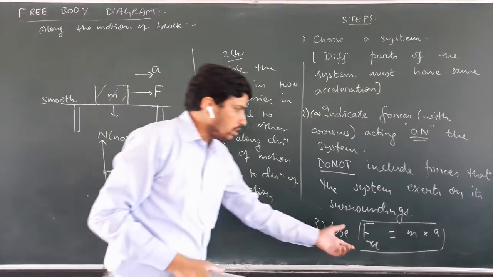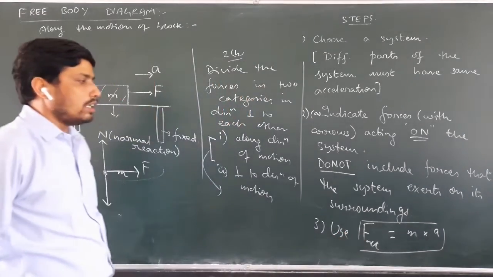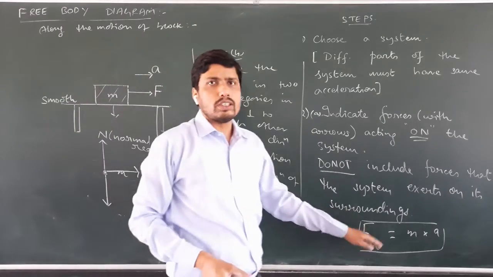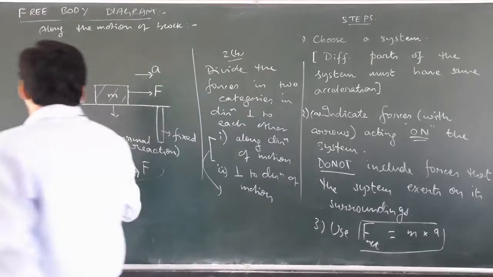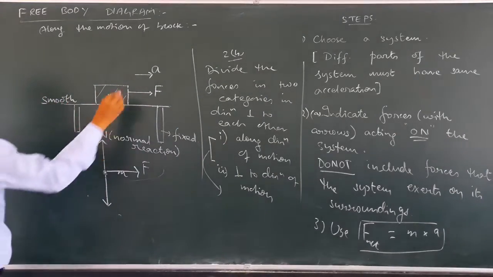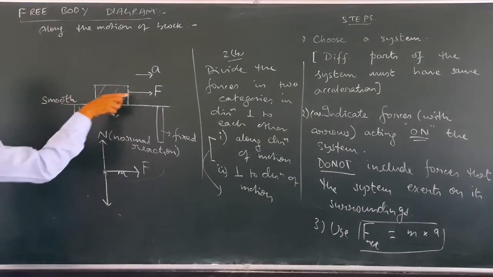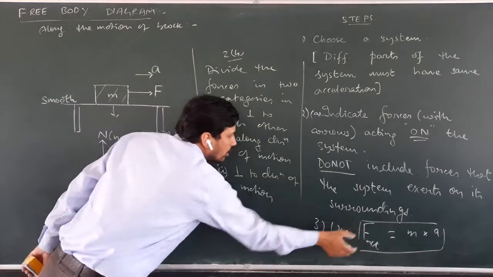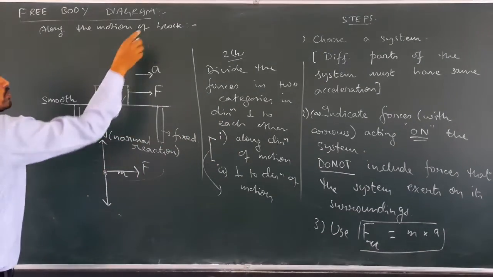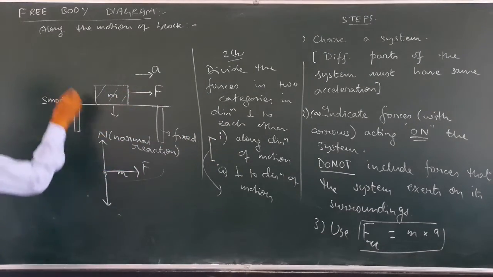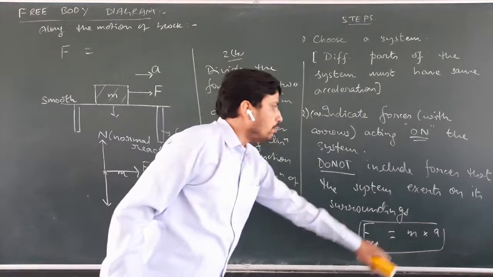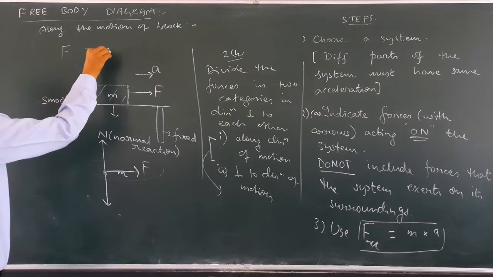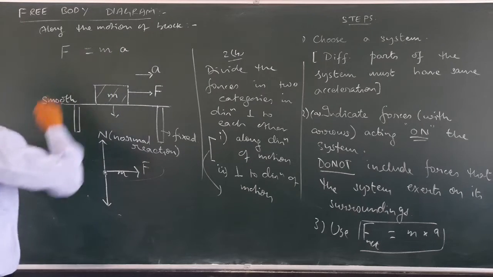So now we have to use Newton's second law. Newton's second law means the total force on the body is equal to its mass times its acceleration. Now in the horizontal direction, what is the acceleration? A. What is the force? F. I am using this formula. In the direction of motion, the only force is F. So I'll write F equals mass of the body M times acceleration of the body A.